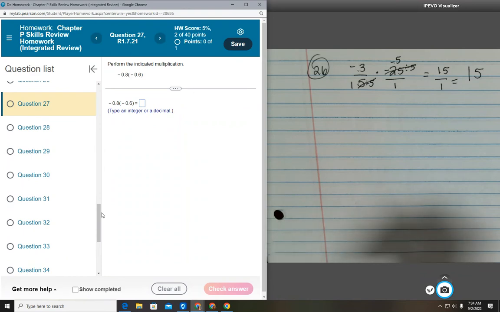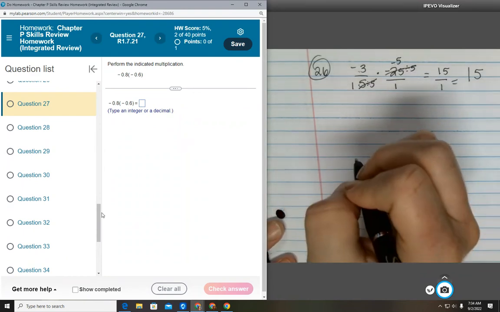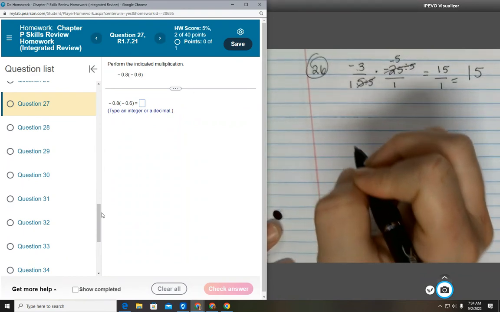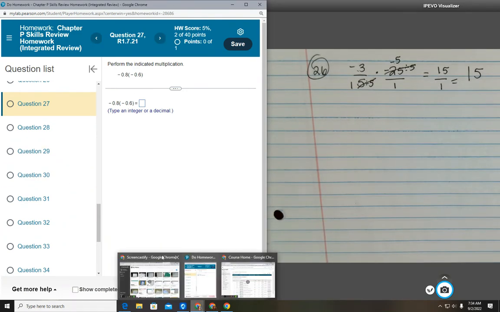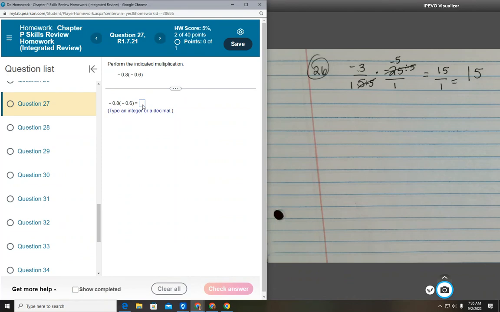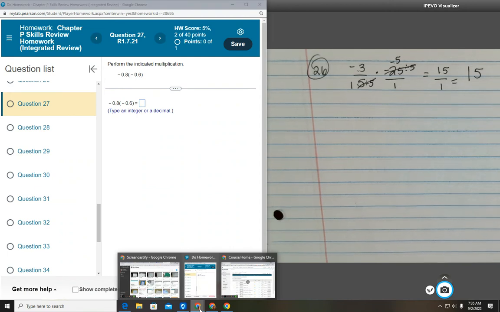Multiplying decimals. So what we would do is multiply those, and they are the same sign, so it's going to be positive. And I do 6 times 8, and so that's 48, and then I count my decimal places.